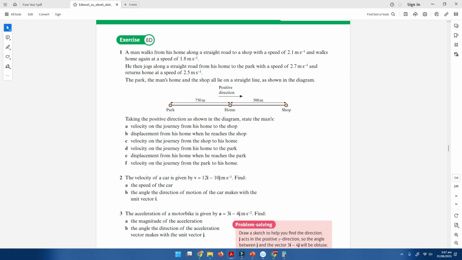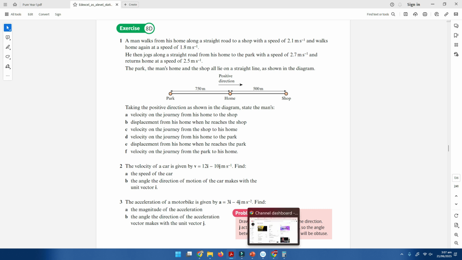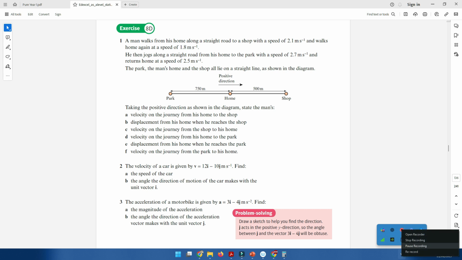So let's solve some examples related to exercise 8D. Exercise 8D, question number 1.